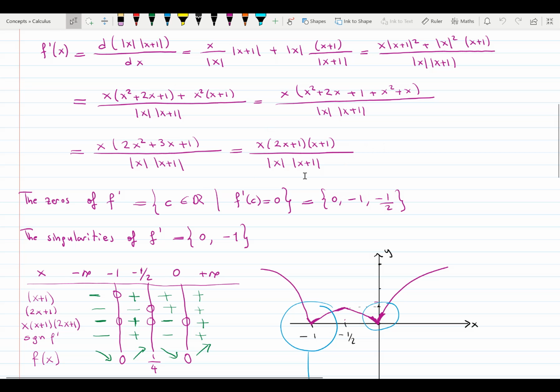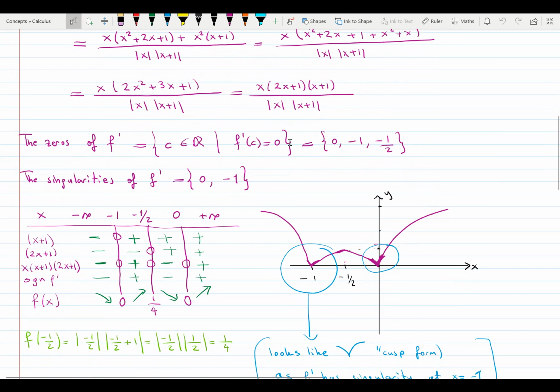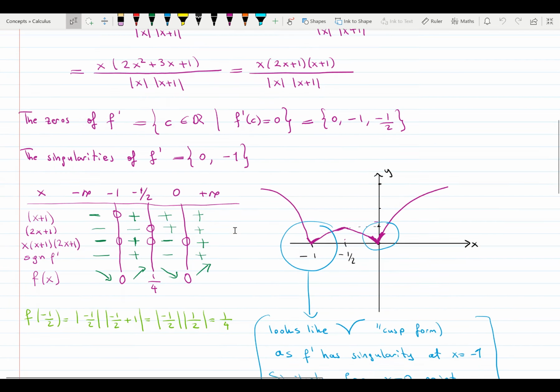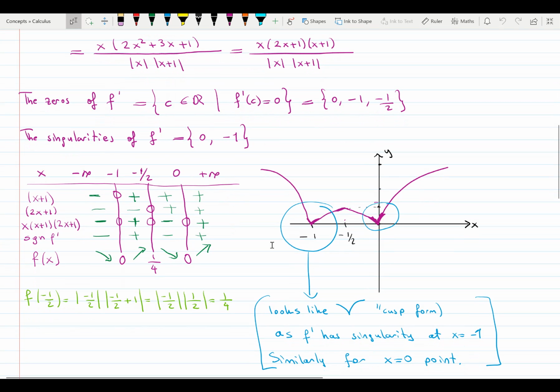And the singularities for the derivative of f are x equal to 0 and x equal to minus 1.